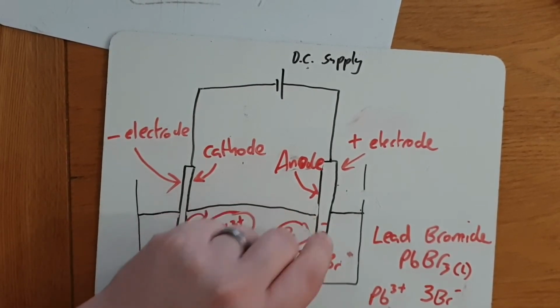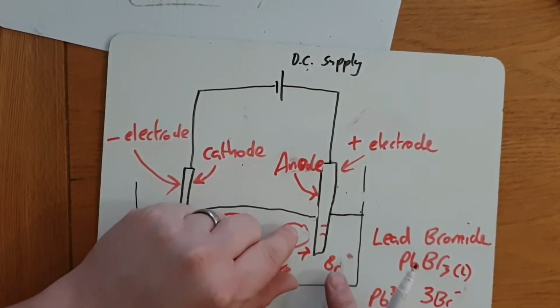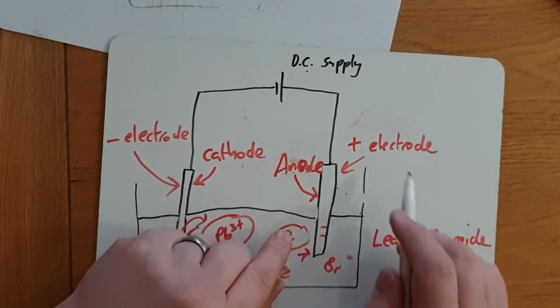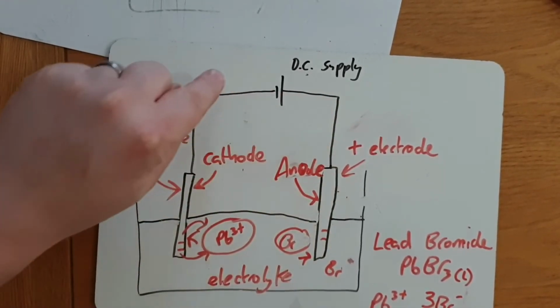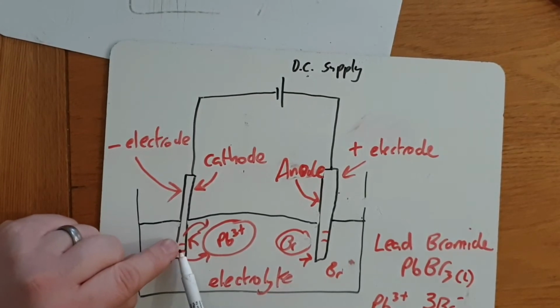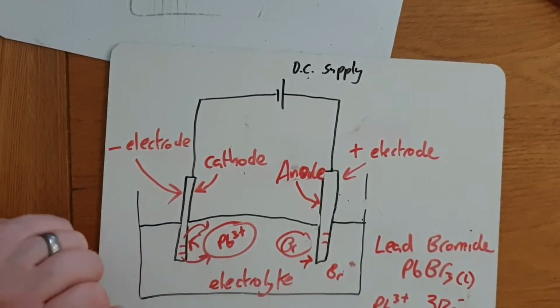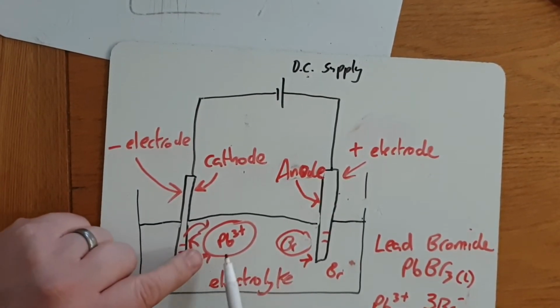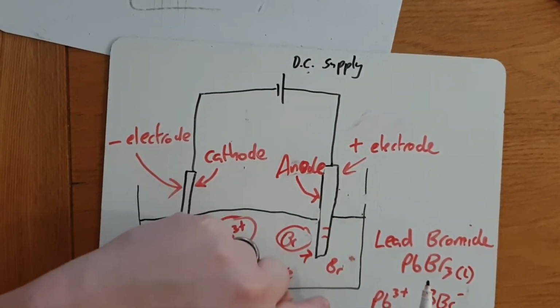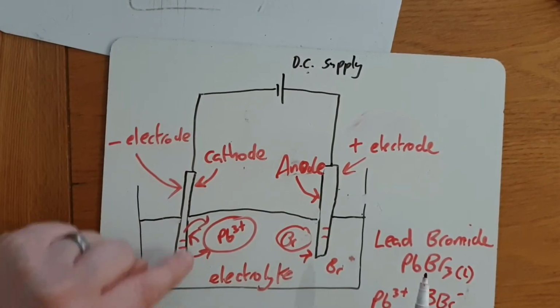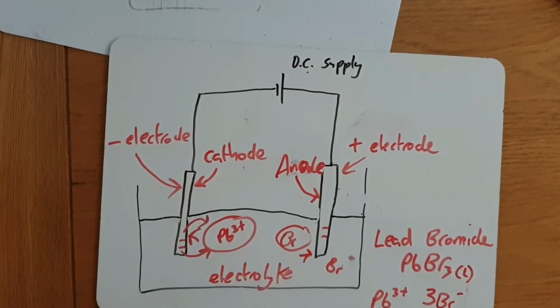So at the anode, all of the negative ions are drawn towards this electrode, remember it's positive, and then they all lose their extra electrons, the electrons get pumped around the circuit, and over here the electrons get given to the positive cation here. So we're losing a whole bunch of electrons here, and then we're gaining a whole bunch of electrons here.